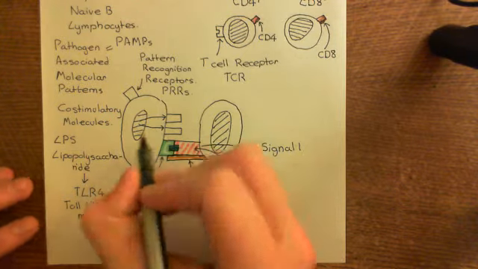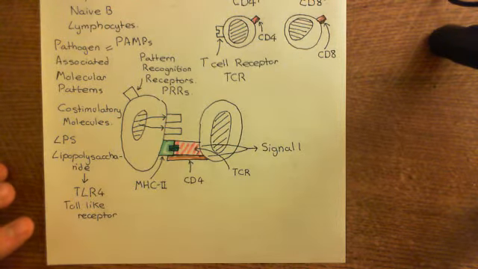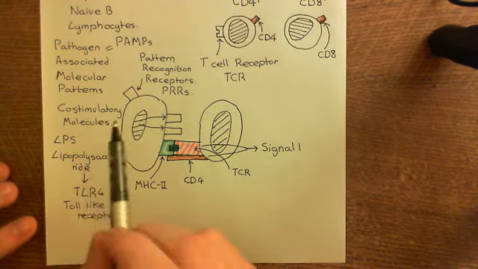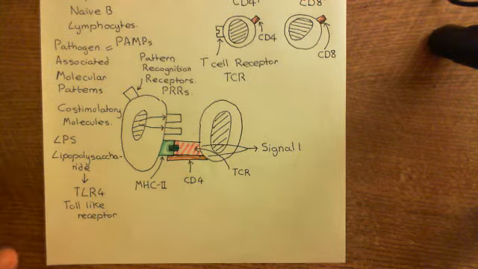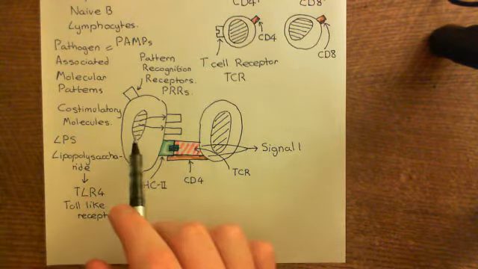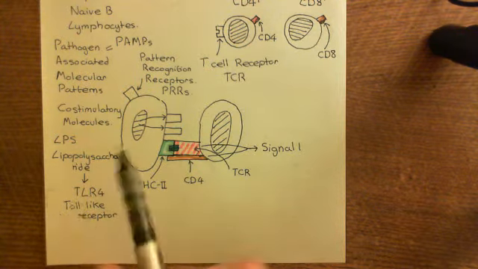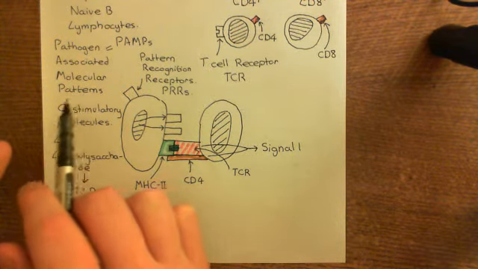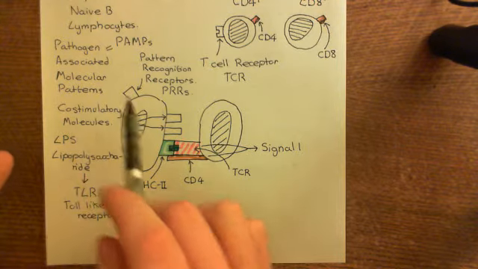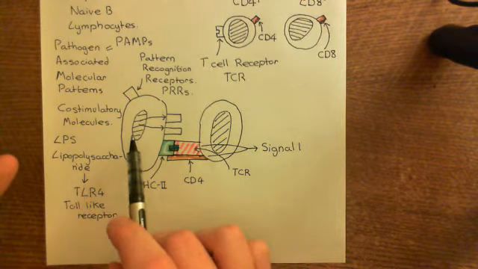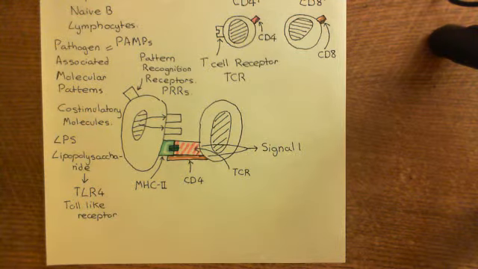So basically, this is a checkpoint. This is to make sure that this professional antigen-presenting cell actually is presenting an antigen that is associated with a pathogen. And if this antigen is from a pathogen, then the pathogen will also have had pathogen-associated molecular patterns associated with it, which will have activated the pattern recognition receptors, and therefore the antigen-presenting cell will have the co-stimulatory molecules on it.